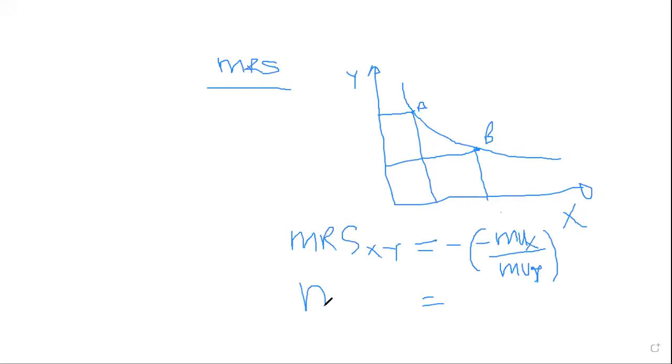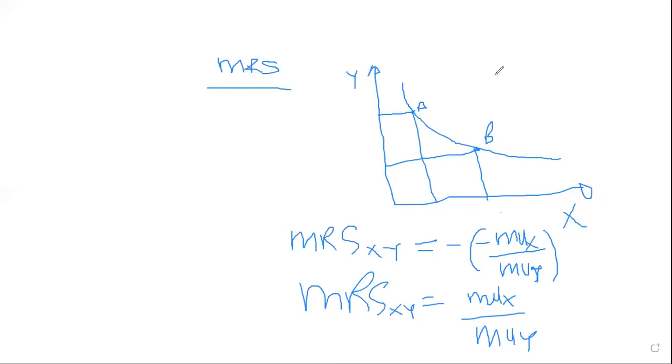And therefore, the marginal rate of substitution of x for y is equal to the marginal utility of x divided by the marginal utility of y. So please take note of this. There is a whole mathematical derivation for this, but like I said, I'm not introducing it at this point.